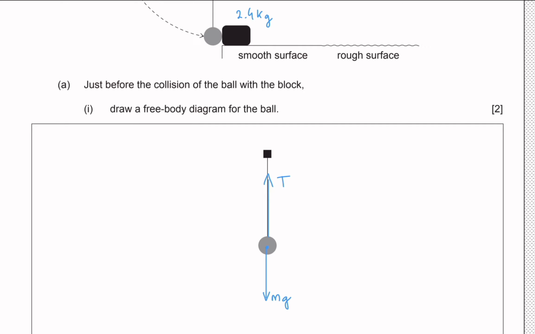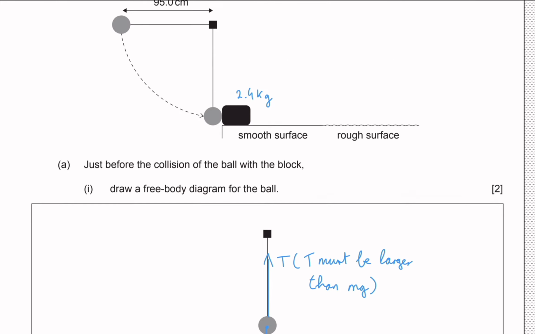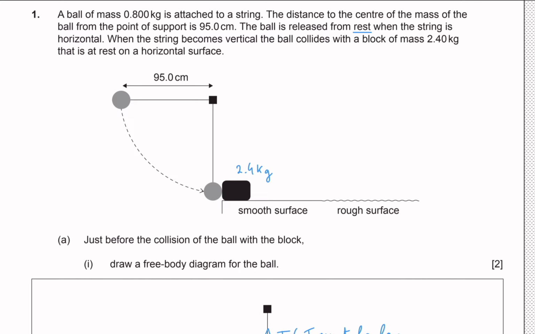And it's important to mention here that T must be larger than mg. The reason for this is that we have this centripetal motion set up, where the ball moves in this circle of radius 95 centimeters.